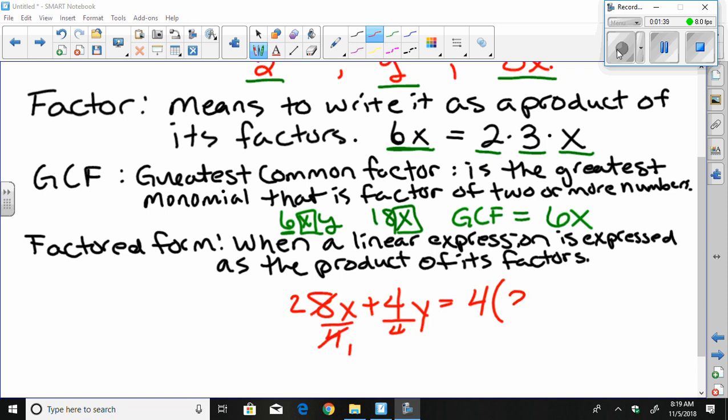So I'm left with 2x plus 1y. And if you distribute that 4, you get 8x plus 4y back out, which is exactly what we started with. But sometimes we need to see that factored form. Sometimes we need to take it out to expanded form. So it just depends on what we are doing that day.